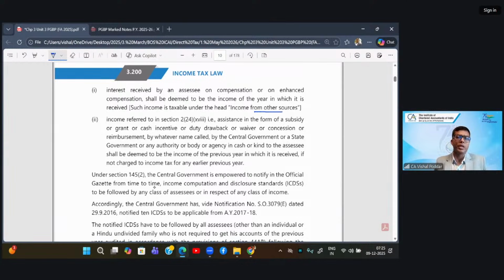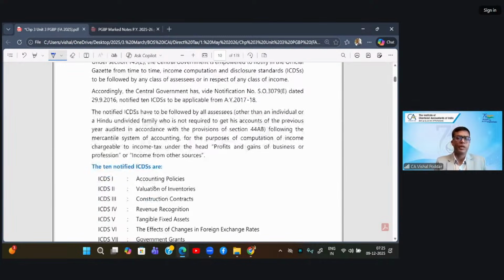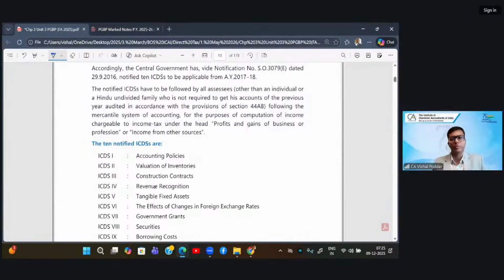These you will study in other sources. Right now here, we do not have any such thing except one. Wherever you are granted subsidy by the government, that subsidy will also be taxed only in the year in which it is received. So few incomes have an exception to the rule of option.